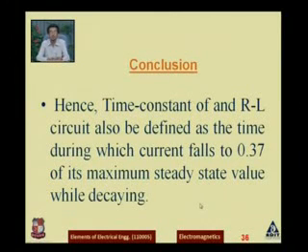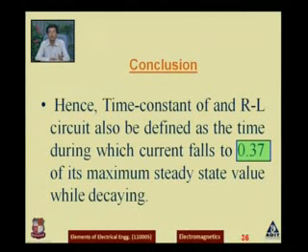What we can conclude from this analysis is that the time constant of an RL circuit can also be defined as the time during which the current falls to 0.37 of its maximum steady state value while it is decreasing.